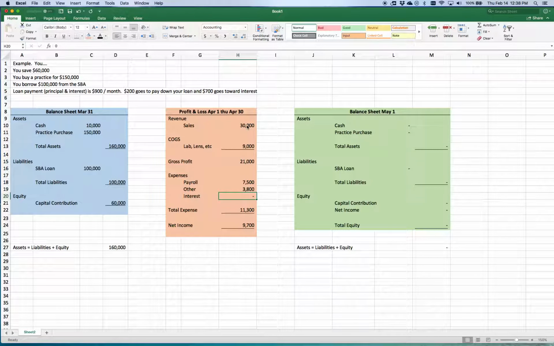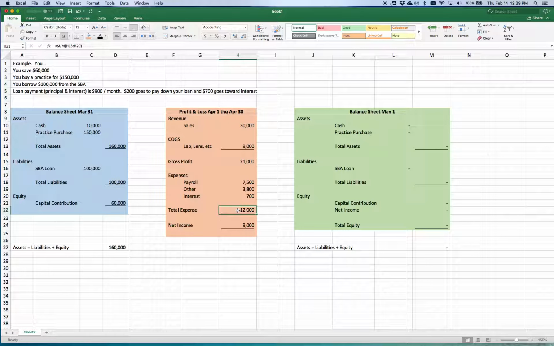You also had to make a payment to the bank for your $100,000 loan. You made a $900 payment. However, only $700 of it went toward interest, as we talked about under this scenario. So the only thing that gets recorded on the income statement is the $700, and I'll account for the other $200 in the next section over here.